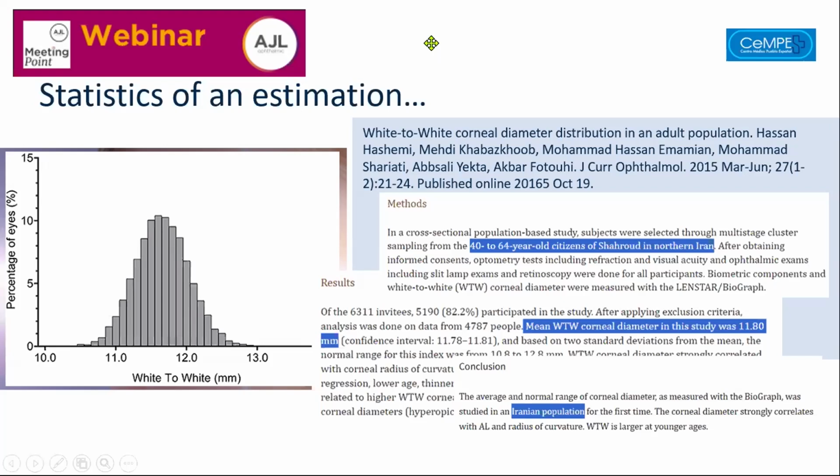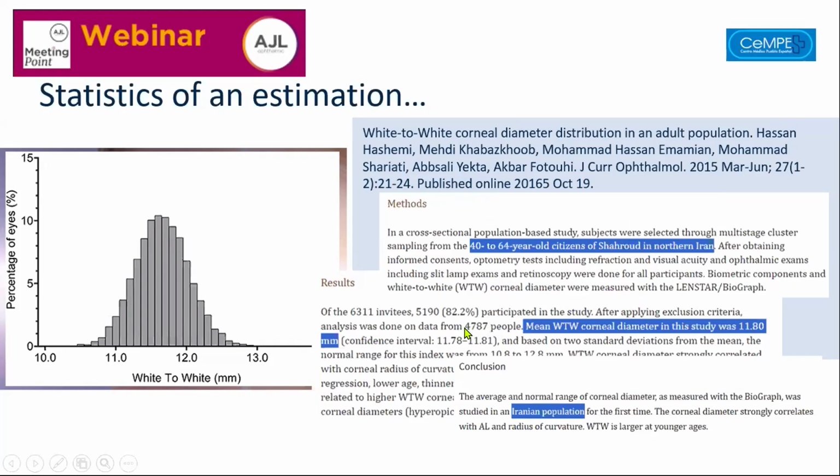And this study shows that the database was done in the beginning based on this study. So the estimation of the mean white to white was done in almost 5,000 cases.